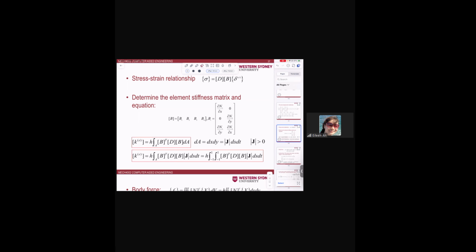Because individual elements, different elements, have different local coordinate systems. So to calculate K, you have to use the global coordinate system.